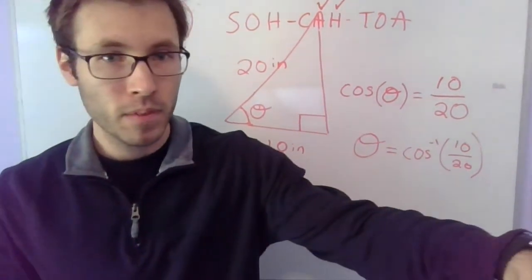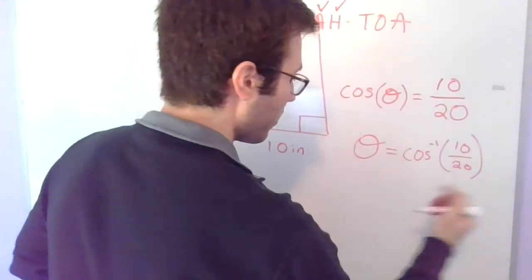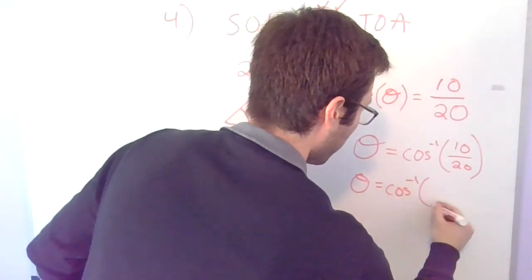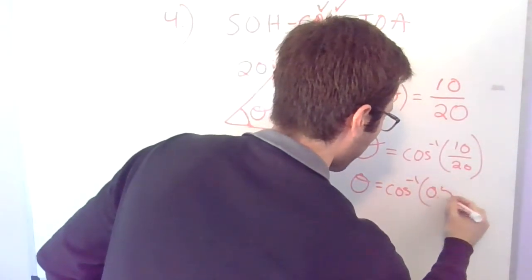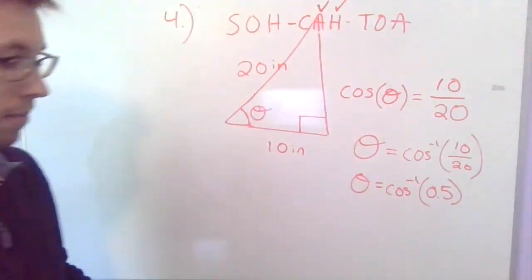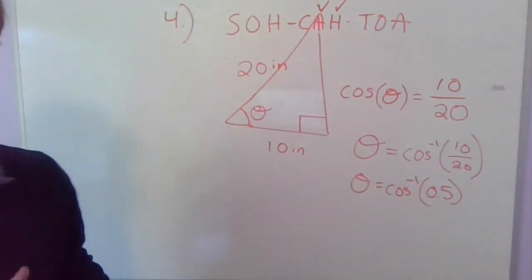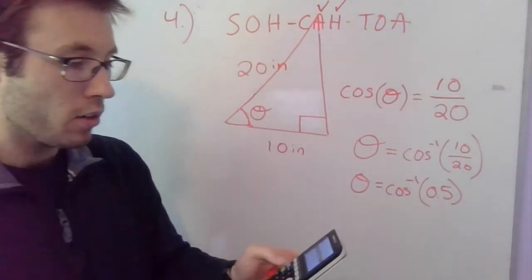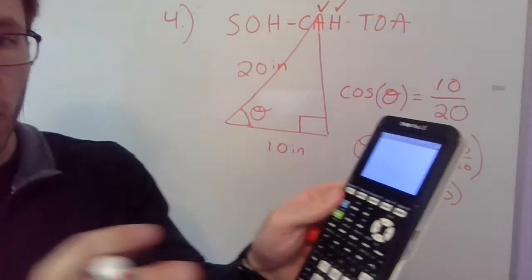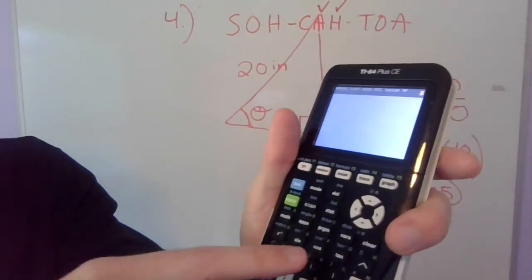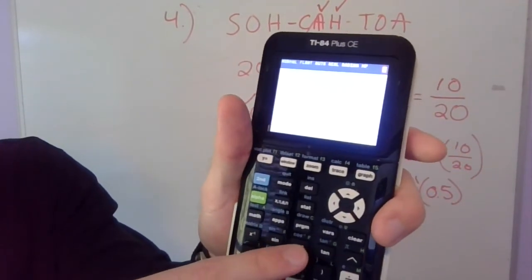10 divided by 20, everyone knows, is 0.5. So I write a 0.5 there. To figure out what that angle would be, I go up here and look at my cosine.